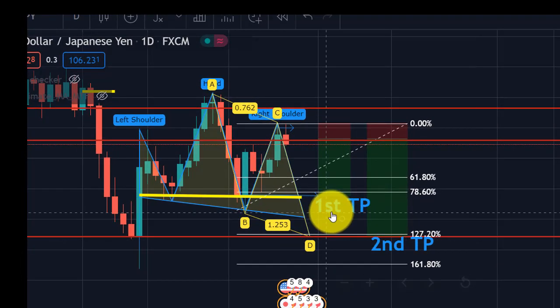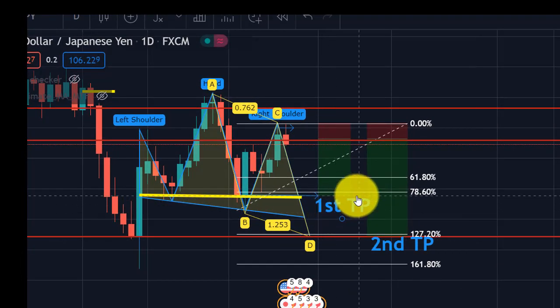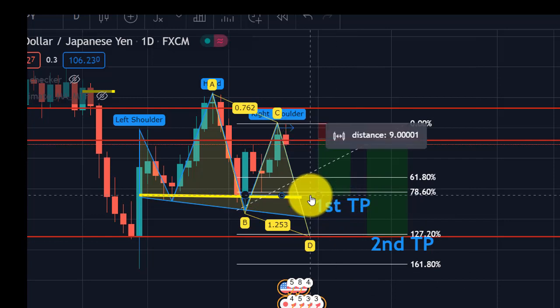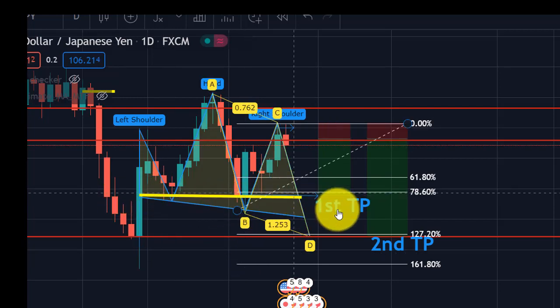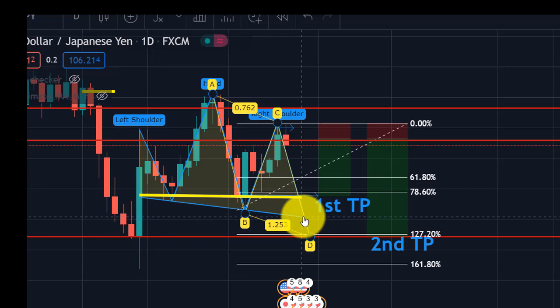And the first take profit is the completion of head and shoulders based on the support and resistance in 1 day. Kaya nandito. Pero pwede rin po kayo maglagay dito, pero the safest way, safest TP is eto. Nandyan. Now, that's the sure na neckline ng head and shoulders.